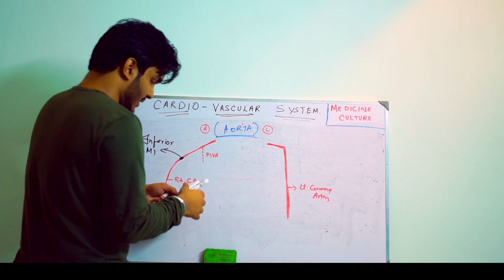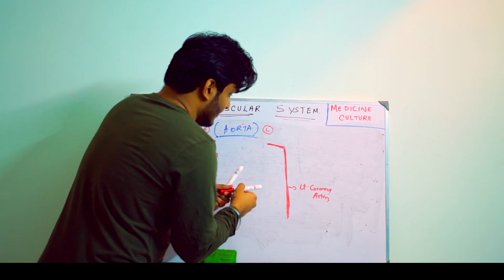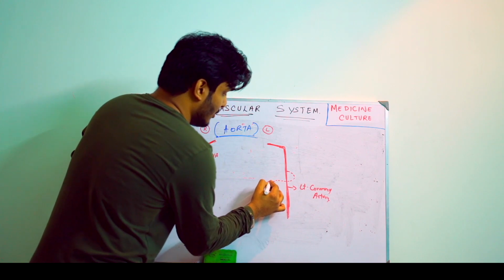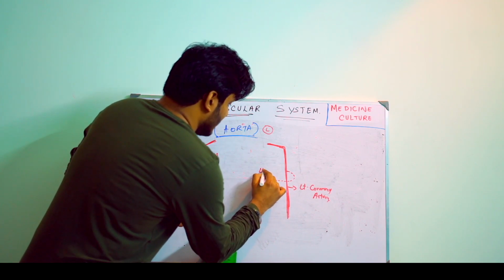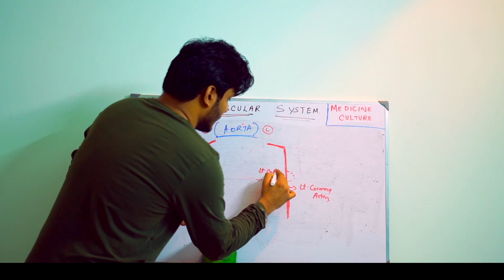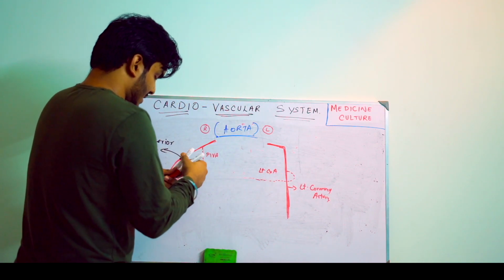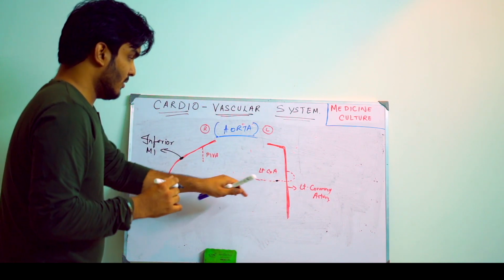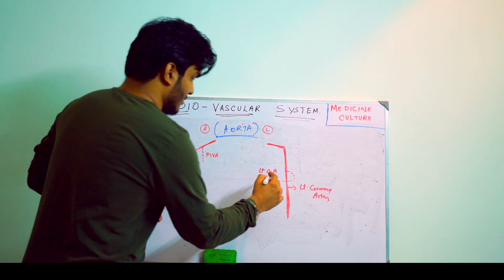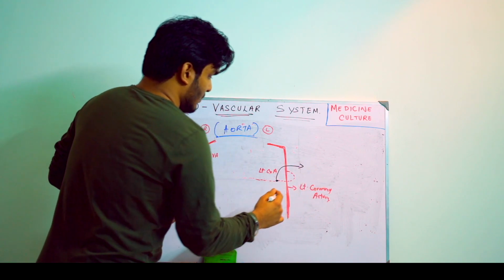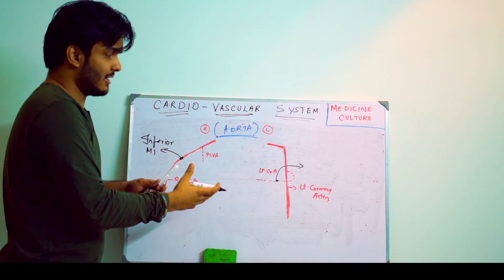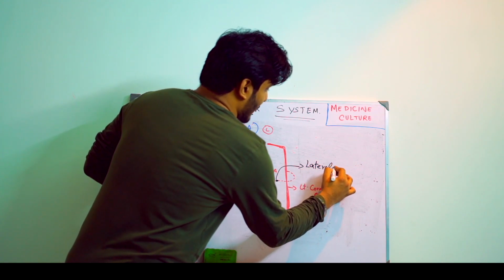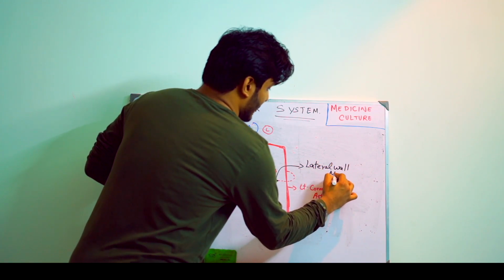So I said this left coronary artery will give a branch, which continues as the left circumflex artery. If an occlusion happens here in the left circumflex artery, what wall does it supply? The left circumflex artery supplies the lateral wall, so it gives rise to lateral wall MI.